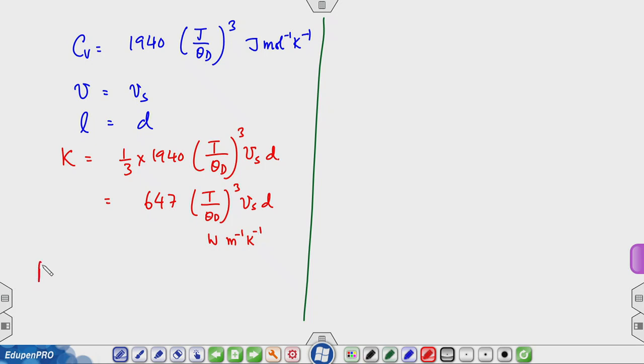So, as T goes to 0, kappa is proportional to T cubed, and kappa over T cubed is proportional to D. So, low temperature behavior is explained.